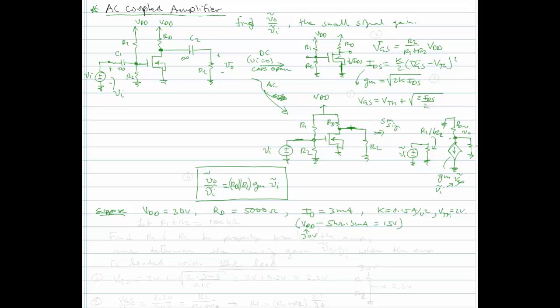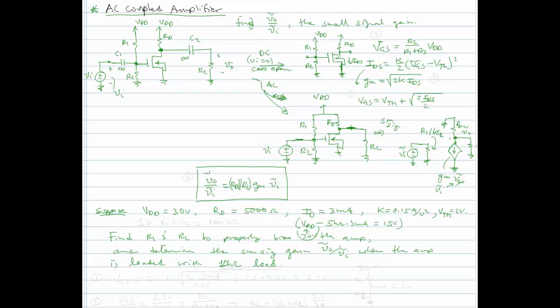All right, and the question is, find R1 and R2 to properly bias the amp and determine the small signal gain, little VO divided by little VI, when the amp is loaded with a 1 kilo ohm or a 10 kilo ohm load.